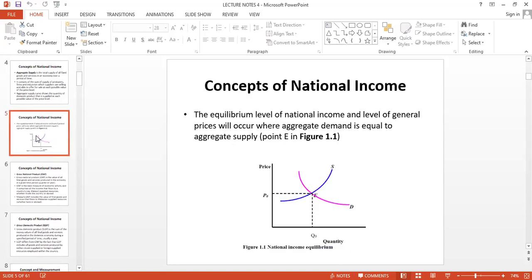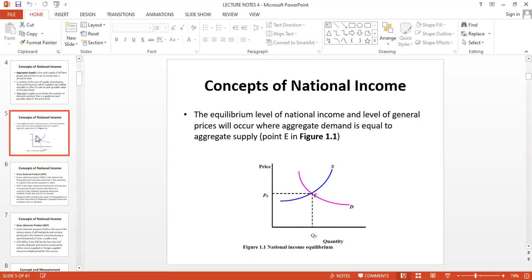So we had aggregate demand and aggregate supply. And from the aggregate demand is where we now had the expenditure approach, the output approach. Aggregate demand is where we had the expenditure approach. Then aggregate supply is where we had the production approach or value-added approach.